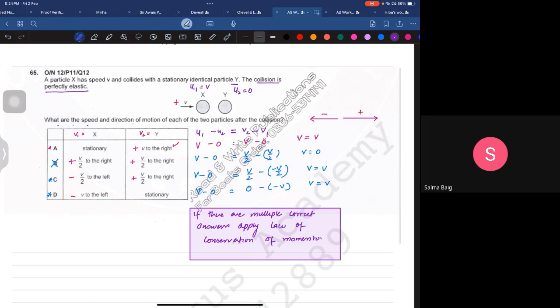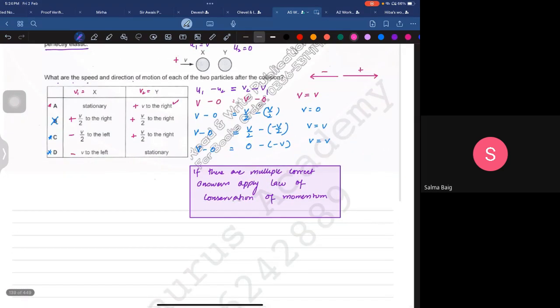Because no matter what, every collision must actually follow this particular law. Otherwise, it cannot happen. That is our basis, right? So now let's write the law of conservation of momentum. It says m1 u1 plus m2 u2 equals m1 v1 plus m2 v2. This is what it says.